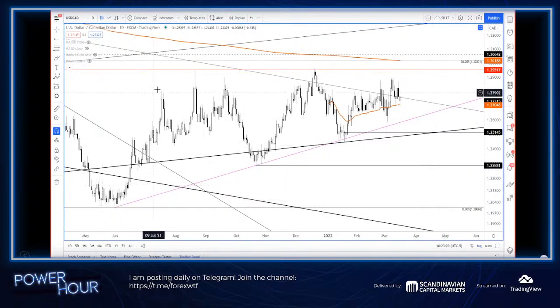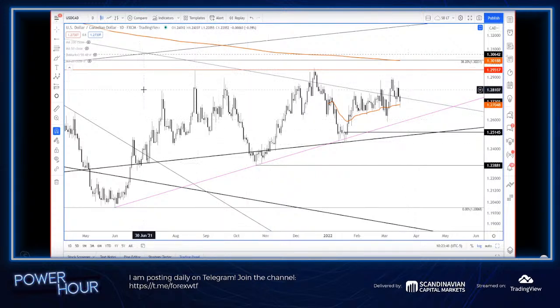From my eye, if you will, everything since the June 2021 low really looks like a big A, and then everything since this high back in August is a big B wave triangle, right? I still think that's a distinct possibility.